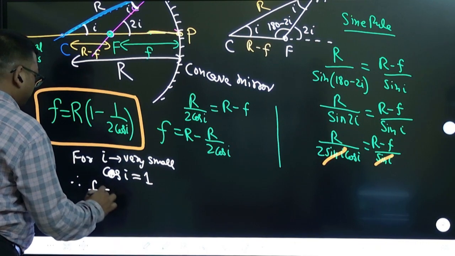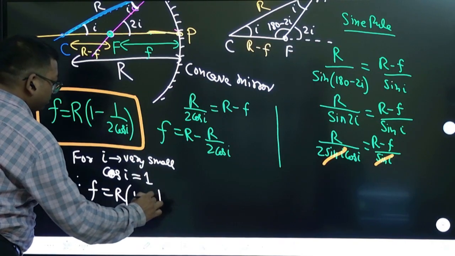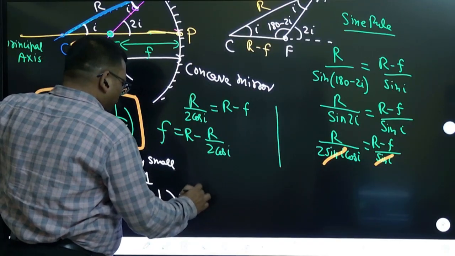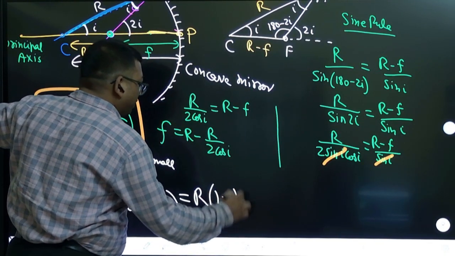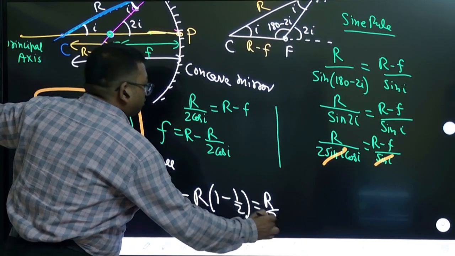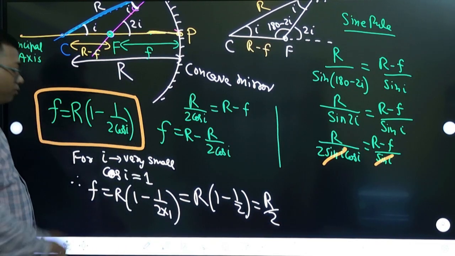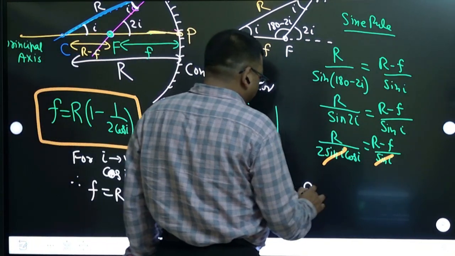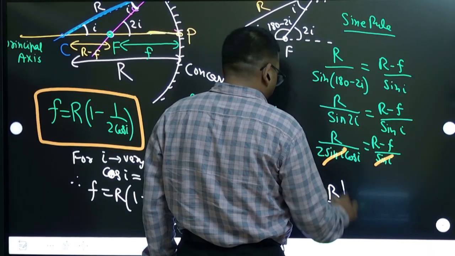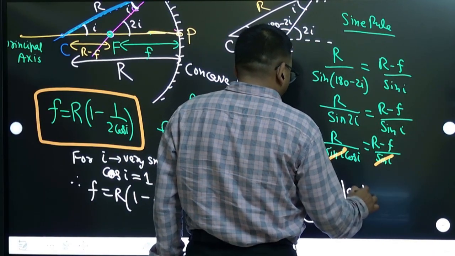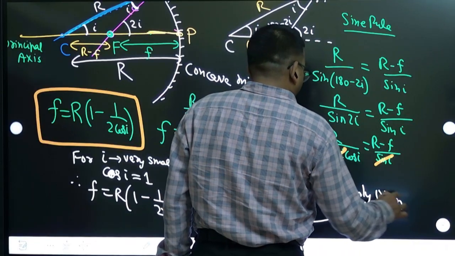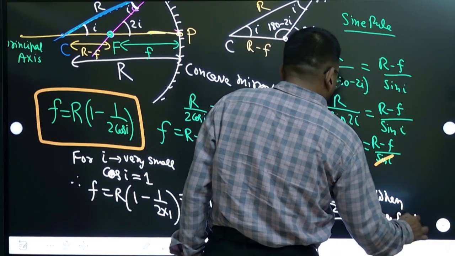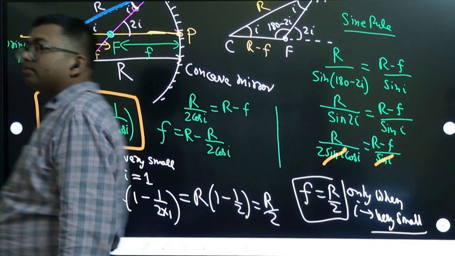So f becomes r into 1 minus 1 by 2 into 1, that is r times 1 minus half, which gives r by 2. Clear? So focal length is equal to r by 2 only when angle I is very small. Are you understanding this?